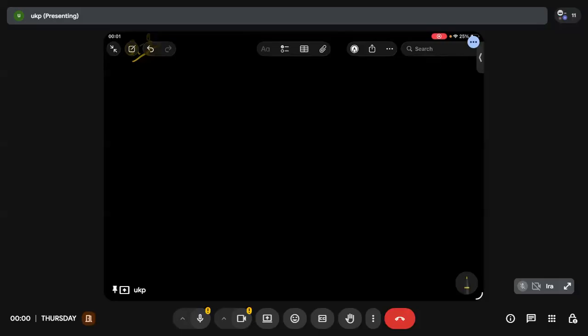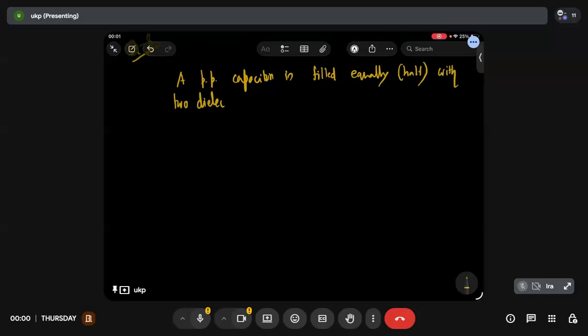It says a parallel plate capacitor is filled equally with two dielectrics, equally with two dielectrics of dielectric constant, एक का है epsilon 1 and the other one is epsilon 2 as shown.